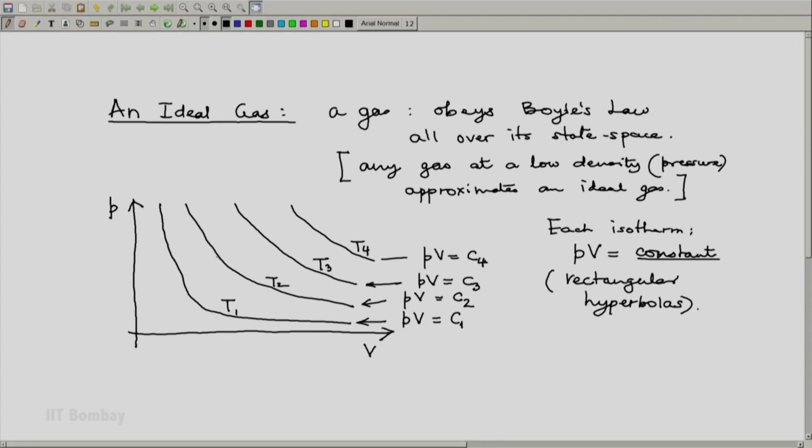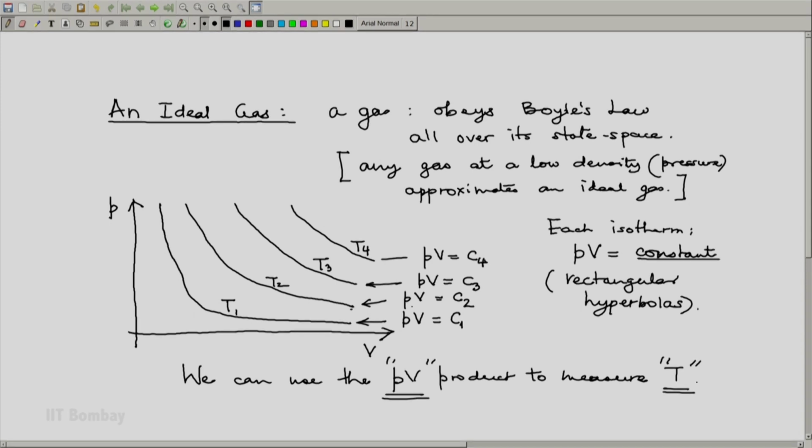Any state on this isotherm has the temperature T2. The PV product for any state on that isotherm is represented by C2, and that means we can use the value of C, that means the PV product, to measure temperature of the system, of the ideal gas.